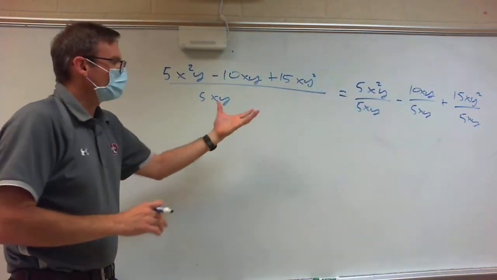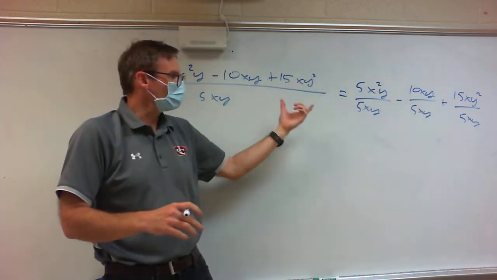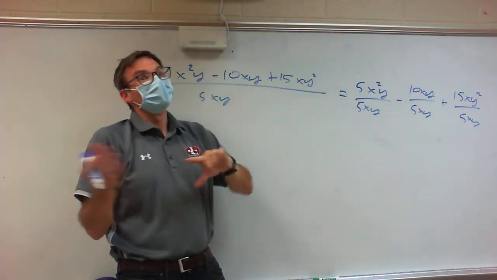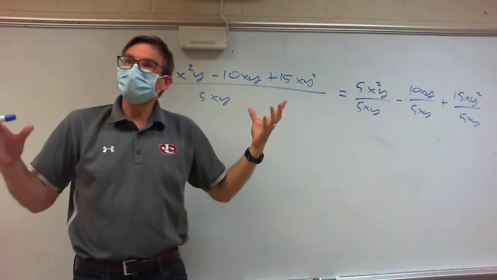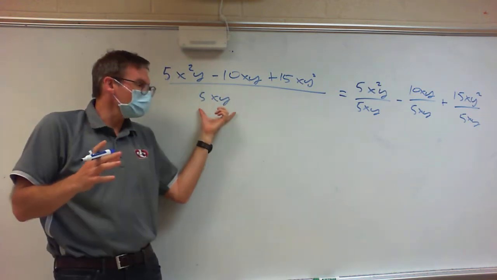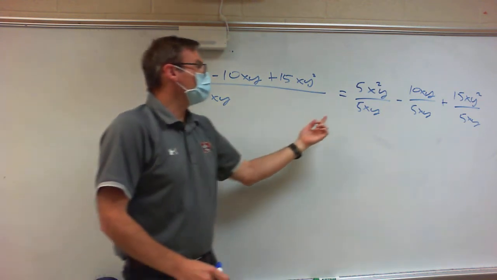It's this whole idea: if you have a common denominator, then you could put it all under one denominator. But I'm going backwards. So anytime you have a big ugly fraction with a single term at the bottom, you break it apart. And now you have 3 little problems.